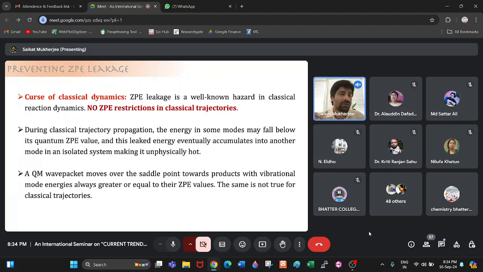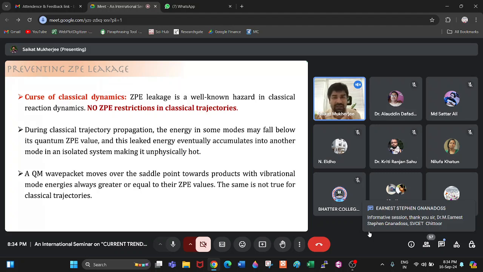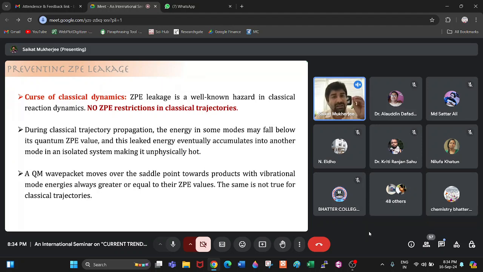You know that in quantum mechanics you cannot be at an energy below your zero-point energy value. The problem is that the leaked energy is not flowing anywhere because you are in an isolated system. So this leaked energy accumulates in other modes, making them unrealistically hot.